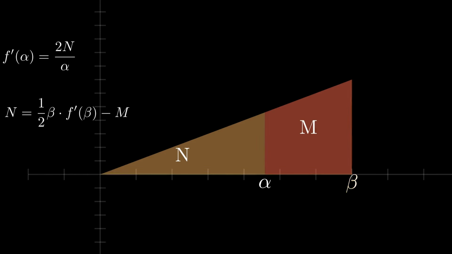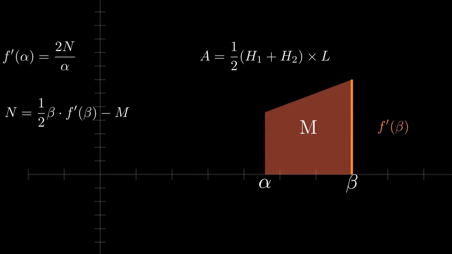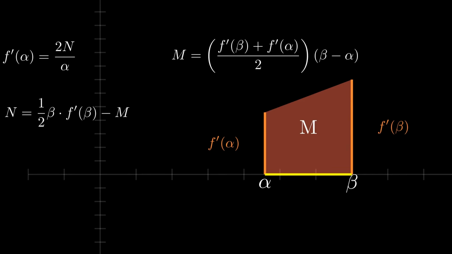The area of a trapezium is half the sum of the parallel sides times the width. In our case, the two sides are just f prime alpha and f prime beta. The width is beta minus alpha, so M equals a half of f prime alpha plus f prime beta times their difference. So far, so good.